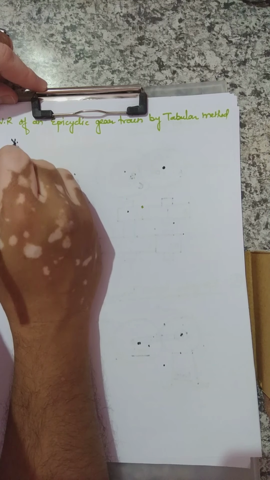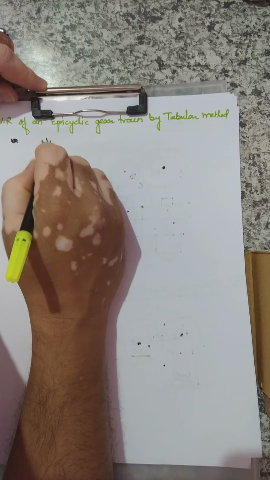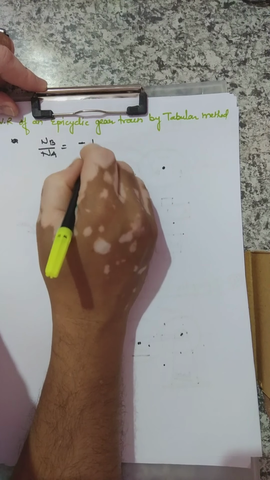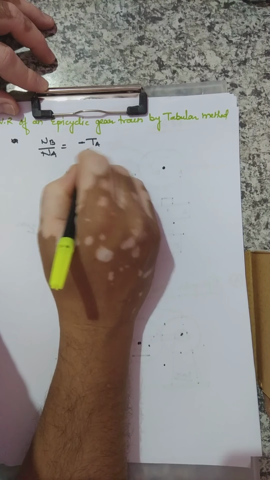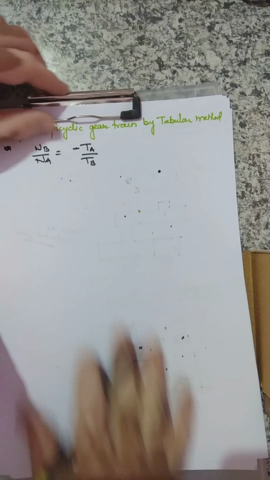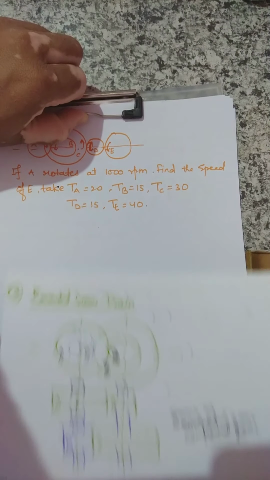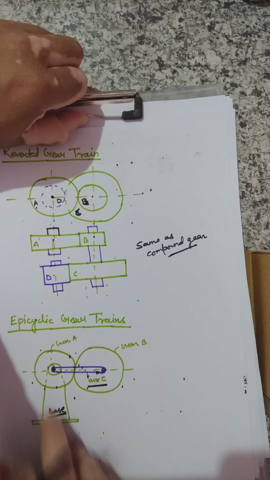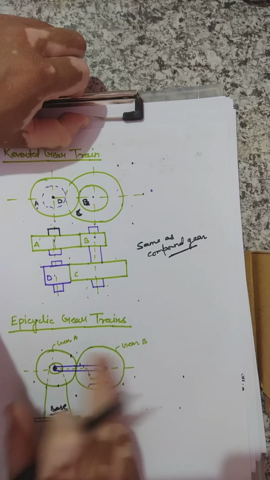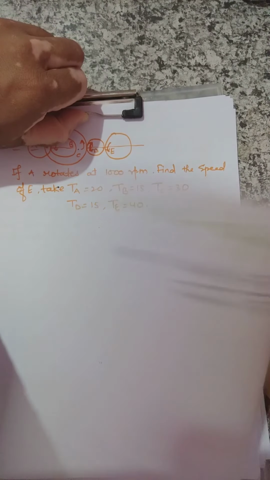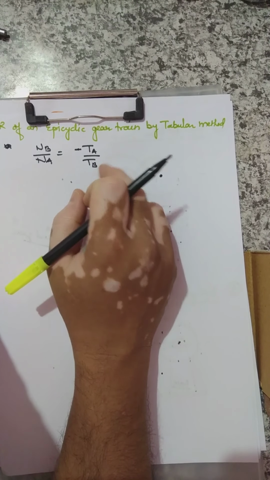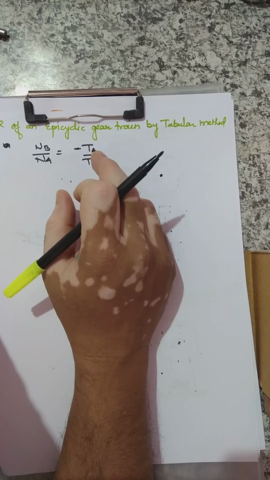NB by NA is equal to minus TA by TB. NB by NA means the speed of gear B with respect to A is minus TA divided by TB.